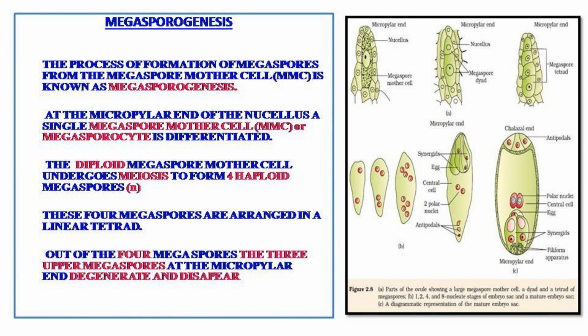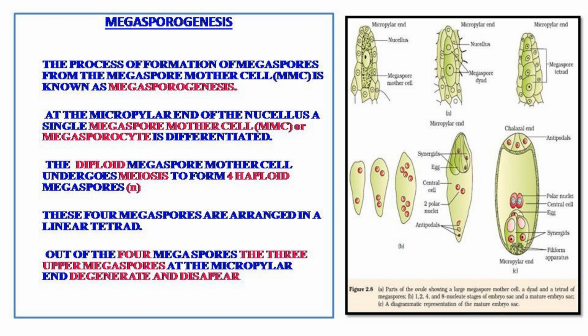The process of formation of the megaspore from megaspore mother cell, MMC, is called megasporogenesis. And here you can see the diagrammatic representation also. At the micropylar end of the nucellus, a single cell is differentiated. It is the megaspore mother cell or megasporocyte.